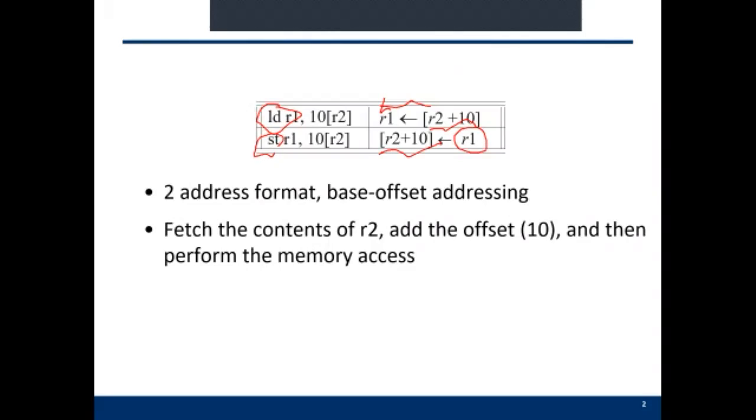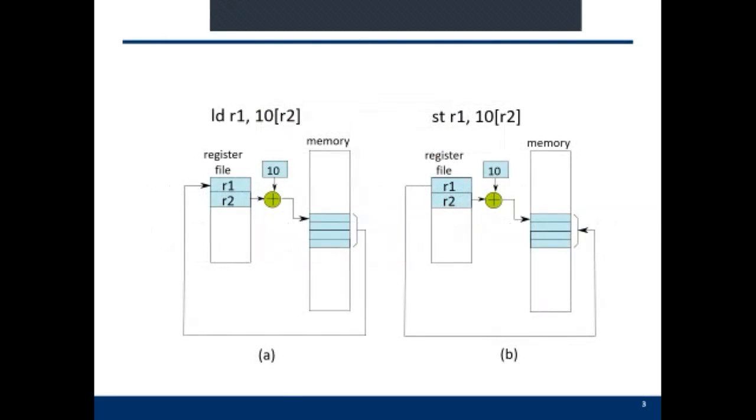So this address and the address in load mean a memory location, a main memory location. We use base and offset addressing in this example. So it's a two address mode. We fetch the content of R2, add offset 10, and then perform the memory access.